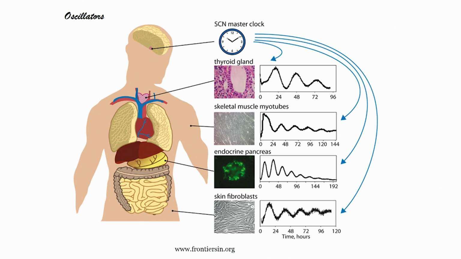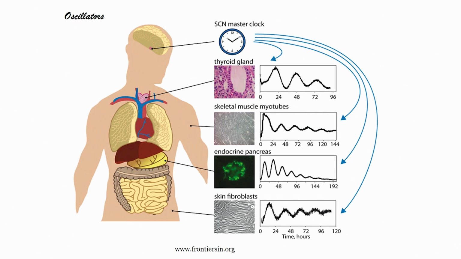When you talk about oscillators, have you ever thought about our body? We have a brain, and this is nothing but a master clock. It tells us when to sleep, when to be awake, when we are hungry, and so on. Everything is controlled by this brain. Then we have several parts in our body which form a signal that looks like an oscillation signal.